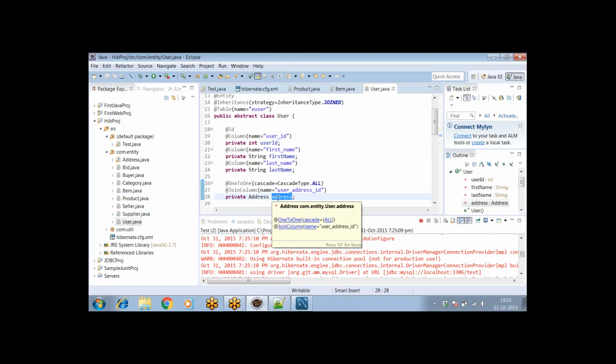In case of many to many association, what about the associated objects? Many to many. We saw items and categories, right?